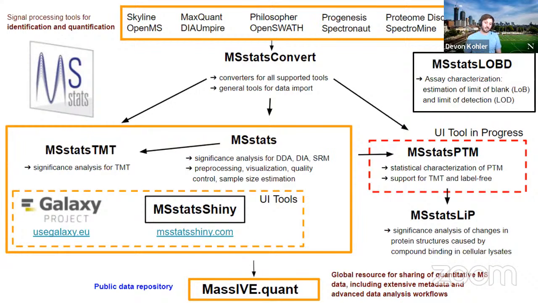And lastly, on this slide, we have the public data repository MassIVE-quant. We have integrated MSstats into MassIVE-quant, so if you have an experiment with some sort of quantitative analysis, you can go in and see not only the R code for the entire workflow, but also the different steps.